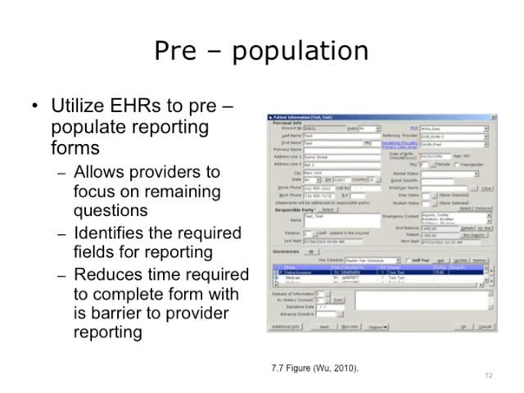EHRs can not only improve provider awareness of reporting requirements, EHRs can also provide pre-populated reporting forms that reduce the burden of reporting. This is achieved by filling in key demographic data on the patient and provider that are included on communicable disease reports. EHRs commonly store this information in a structured manner.